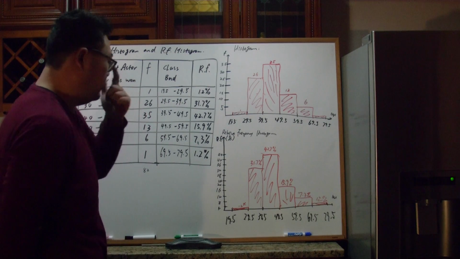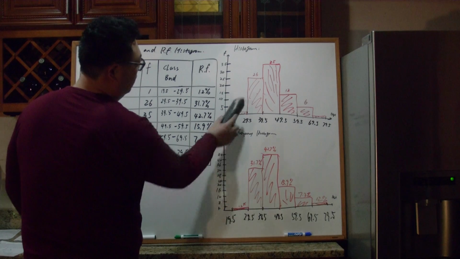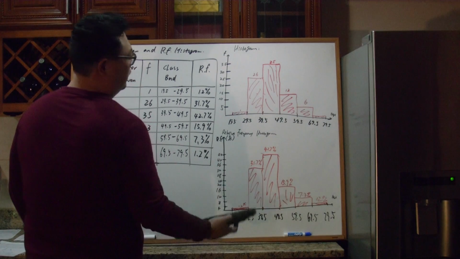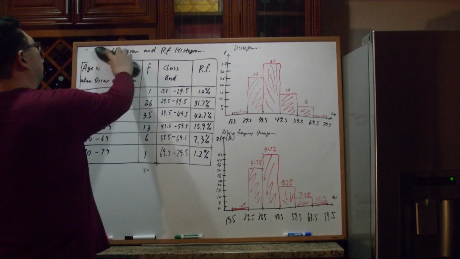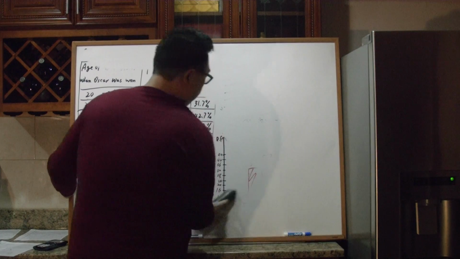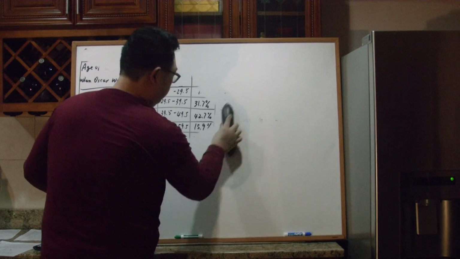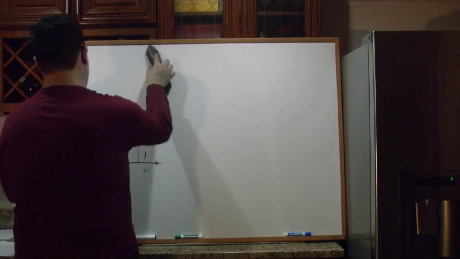We just decide ourselves to make the scale look good enough, and the distributions of the two should at least have the same shape. So that is the histogram section.